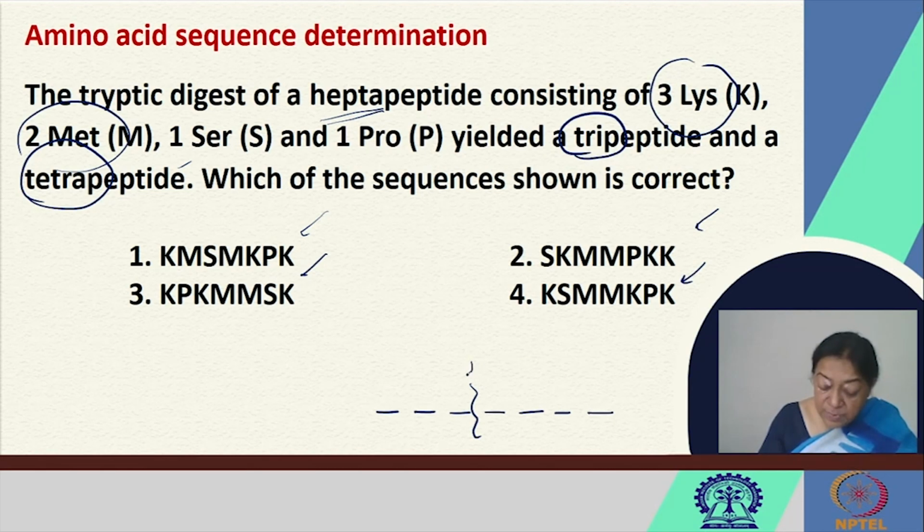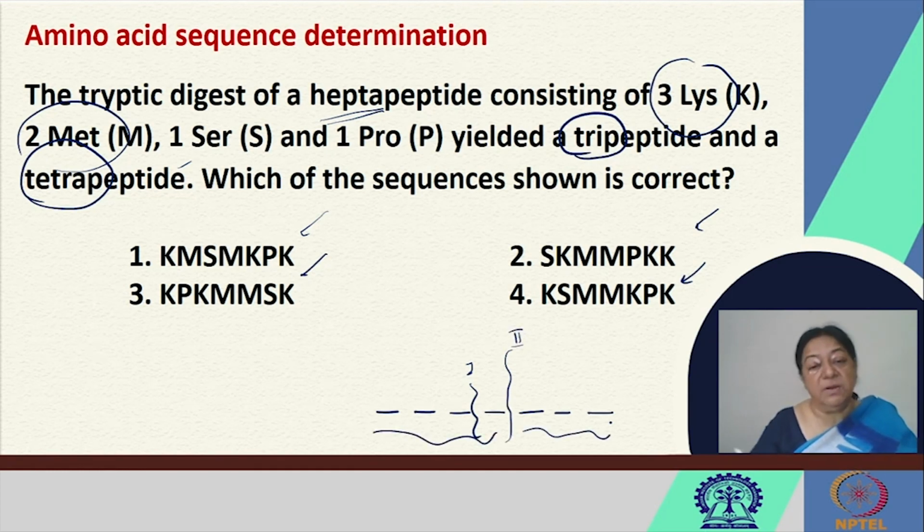case. So this would be case 1, or case 2, where we would have the cleavage here giving us a tetrapeptide here and a tripeptide here. So the identification is of where this specific amino acid is going to cleave and what we would expect. So we know that trypsin will work after the lysine residues.